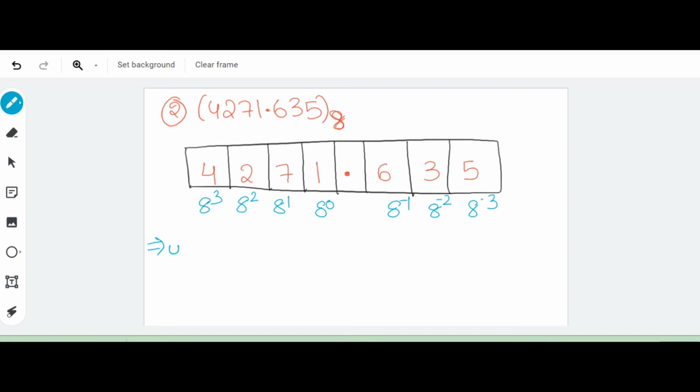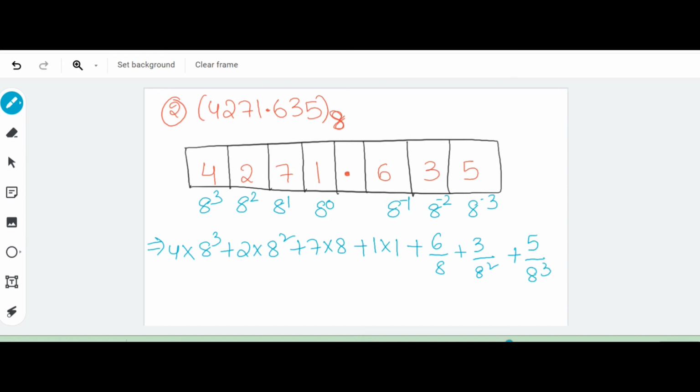Let me compute. It is like 4 into 8 power 3, plus 2 into 8 square, plus 7 into 8, plus 1 into 8 power 0, which is 1, plus 6 by 8, plus 3 by 8 square, plus 5 by 8 cube.